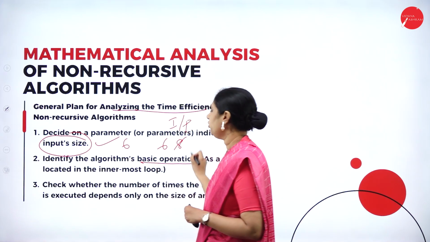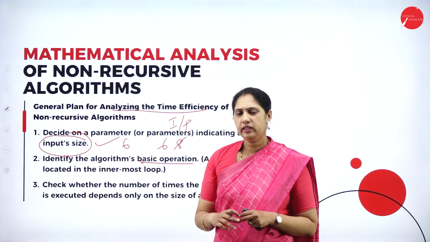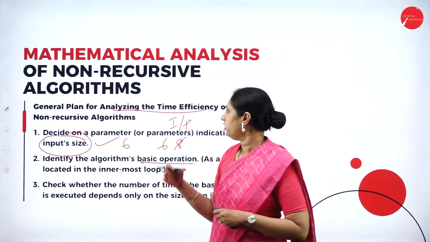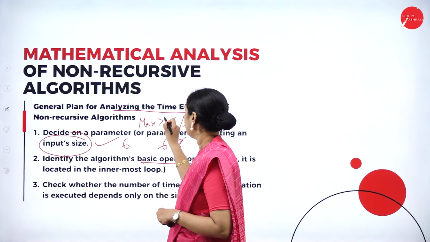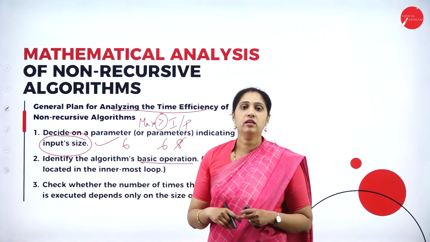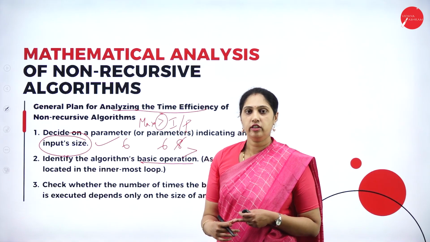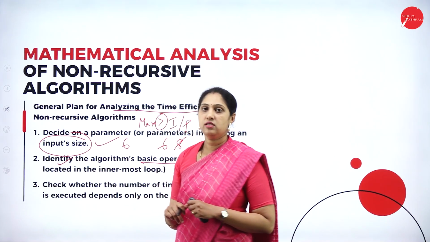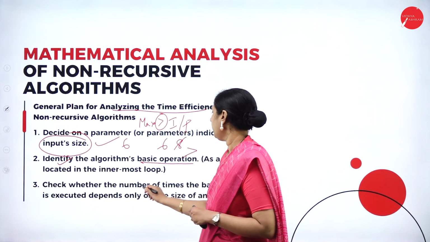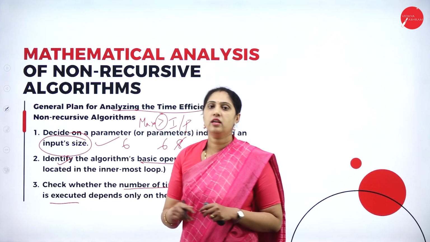Next, you already know this. What is the basic operation? Every time it won't be comparison, it can be another operation also. According to our algorithm for max element, it was the greater than symbol. That is our basic operation. How many times it is executed also comes into the picture. First, we have to identify which operation is done frequently. Next, we have to decide the number of times the basic operation is executed.